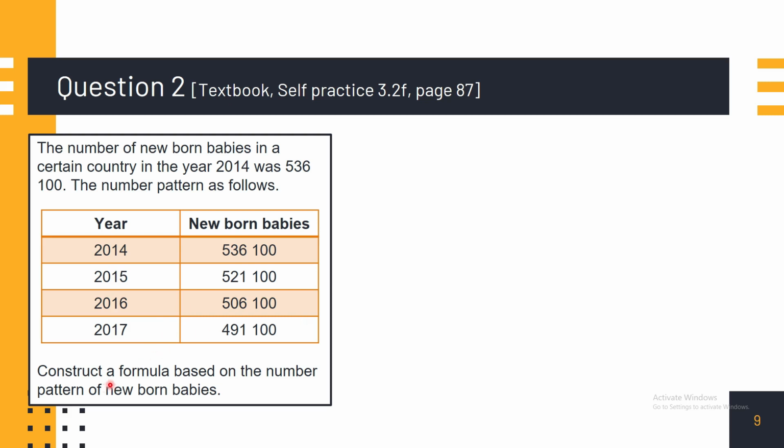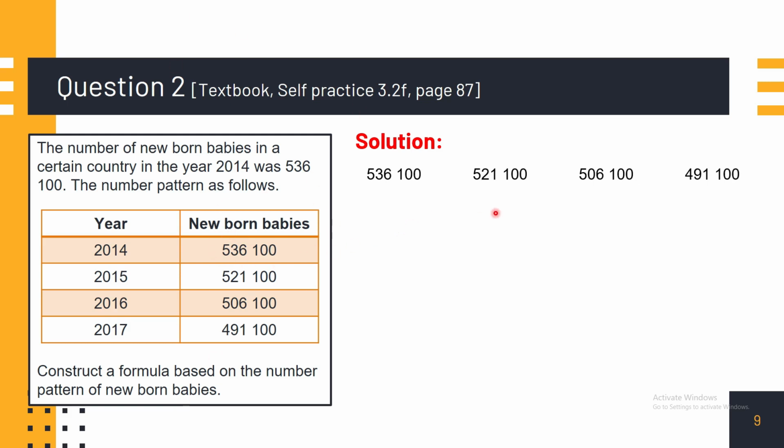The question asks you to construct a formula based on the number pattern of newborn babies. I already taught you the trick of how to generate the general conclusion. Now we apply the trick again. So for the solution, we first arrange the data, which is the newborn babies.